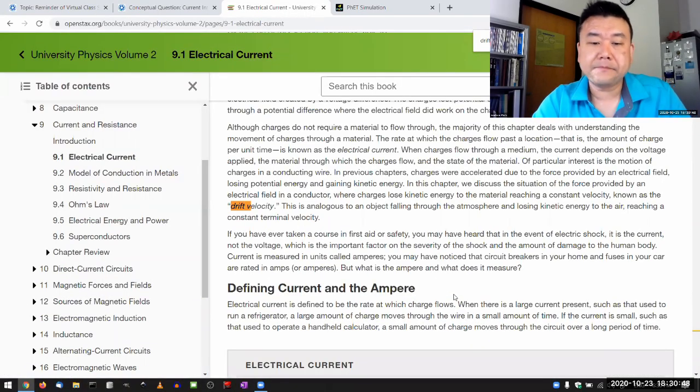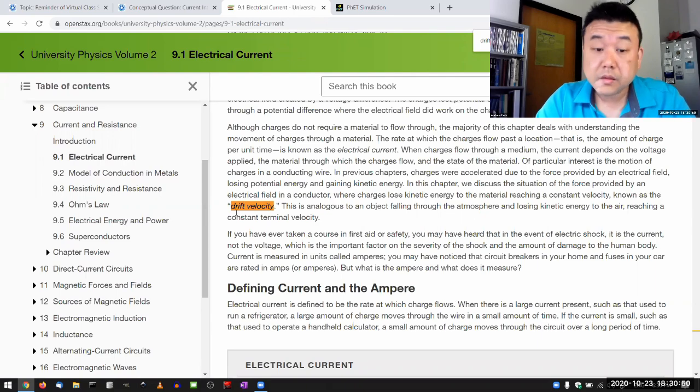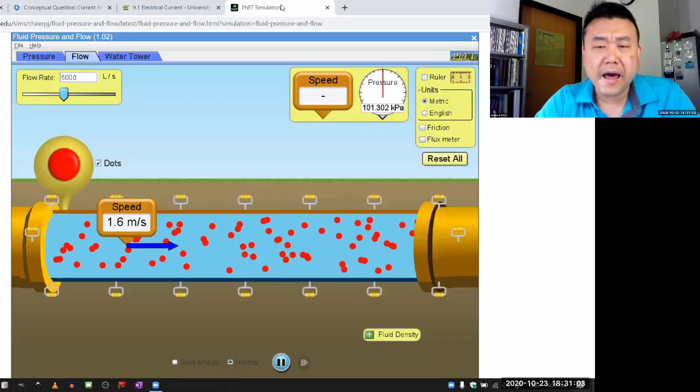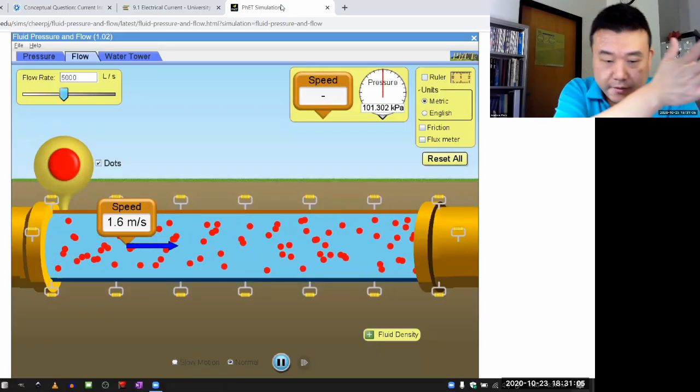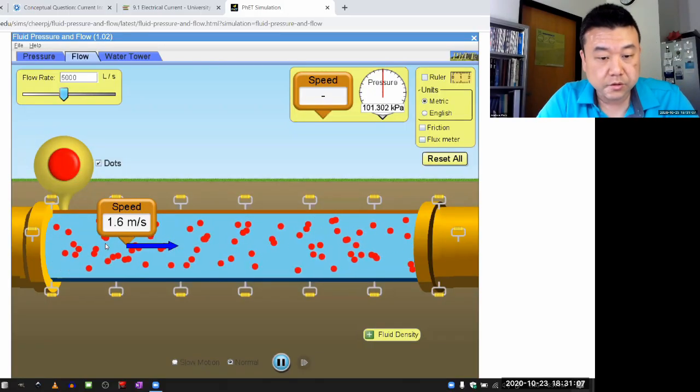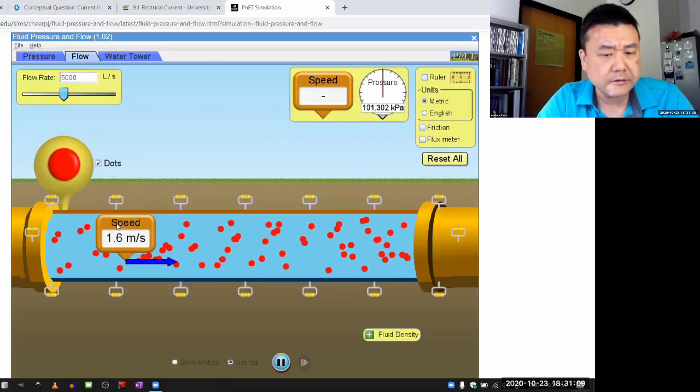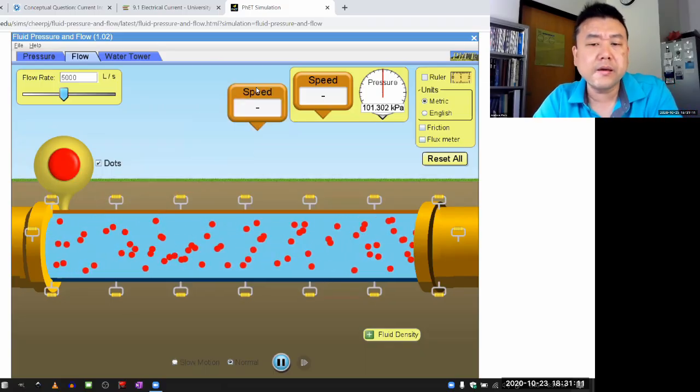Drift velocity, yeah. The reason this term is introduced is because electrons, as microscopic objects, have a thermal velocity that is actually much higher than the drift velocity. So drift velocity is an average velocity moving in one direction, and that's what this speed would represent. So that's a one-to-one match.